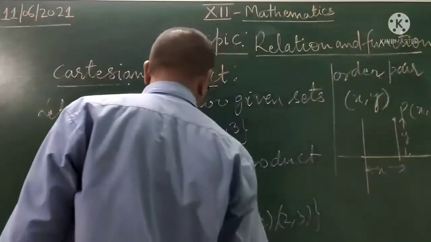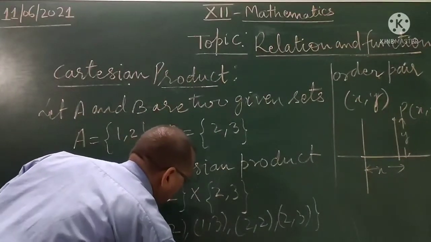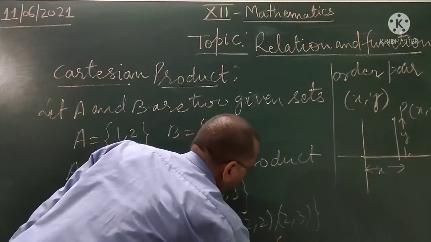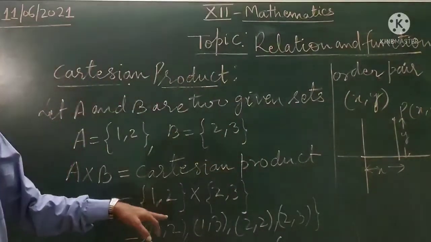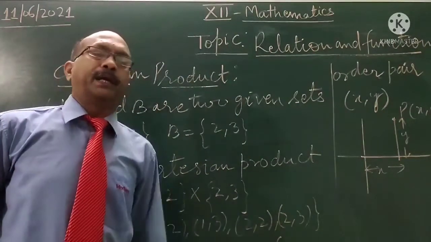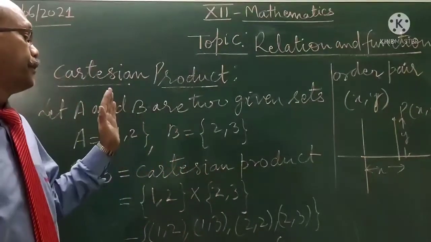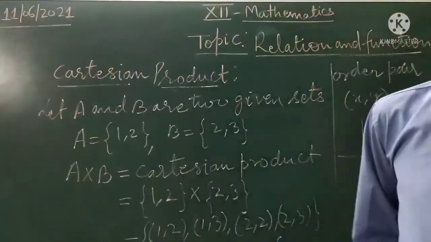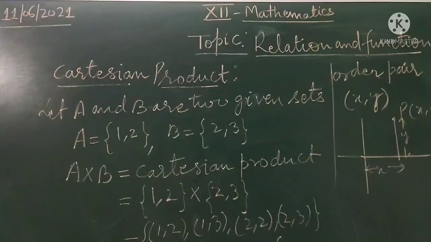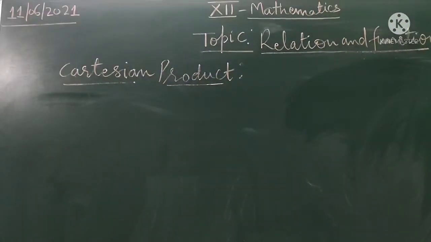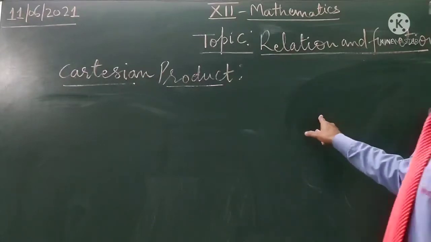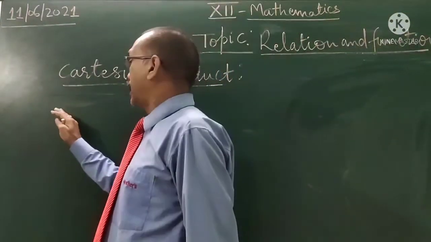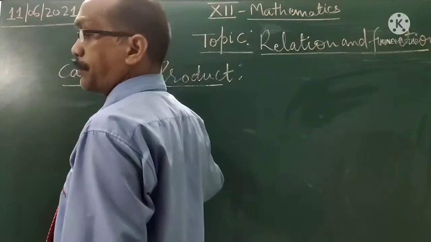Students, this is the roster form of the Cartesian product. If we talk about the set builder form, then see. Now there are three forms of the Cartesian product.